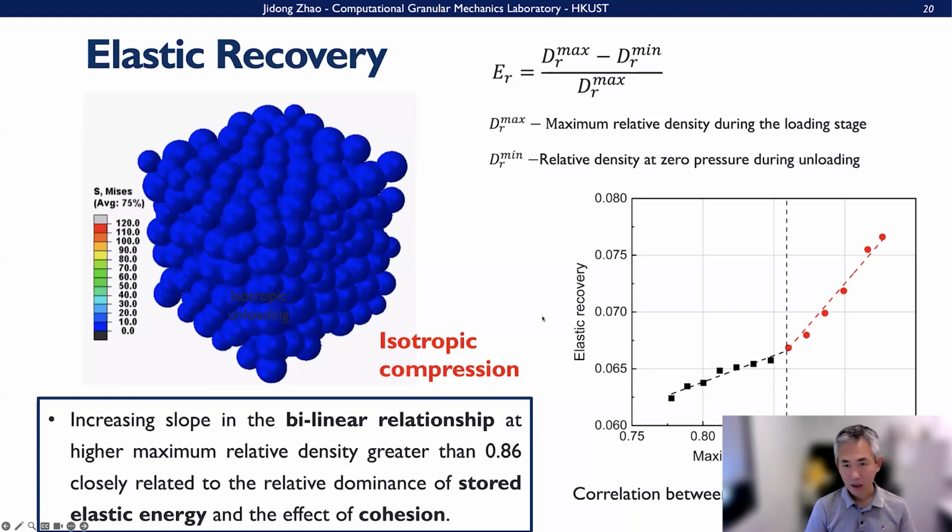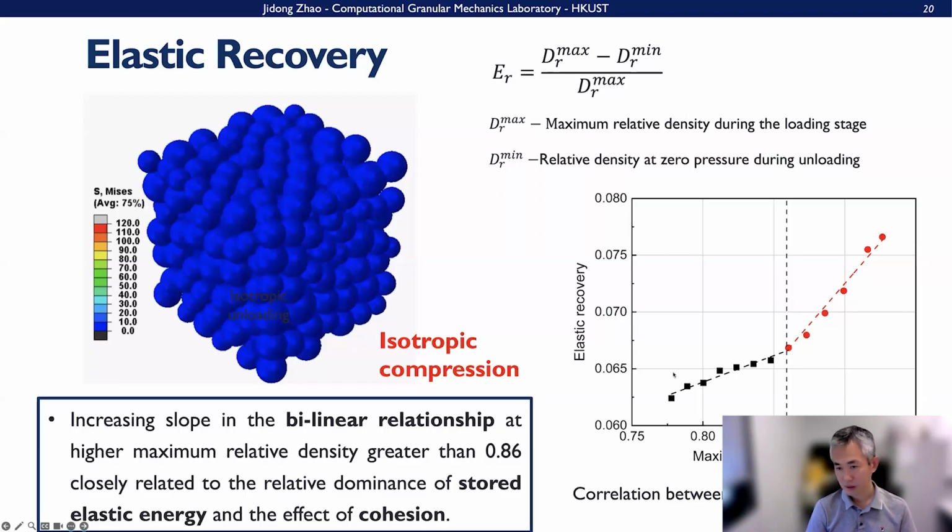Okay, and then we use an index to define it, and define the ER as the maximum relative density during loading, minus the minimum relative density, which refers to zero pressure during unloading, divided by the maximum. And we use this normalized quantity to refer to the so-called elastic recovery here.